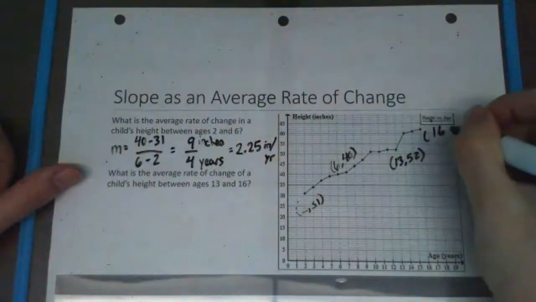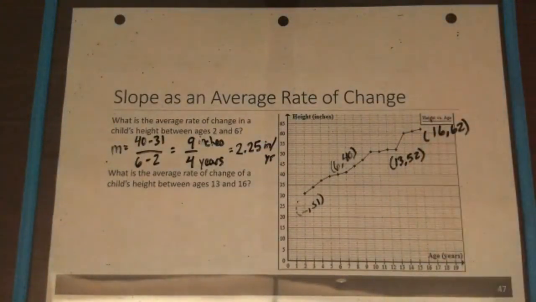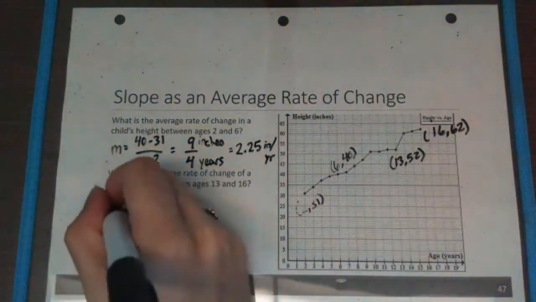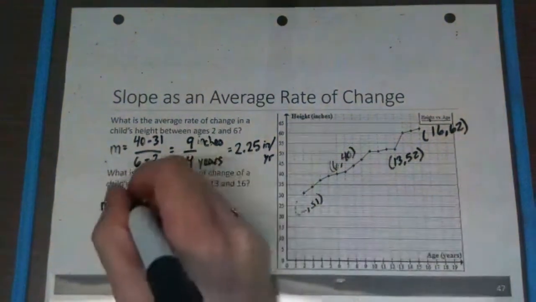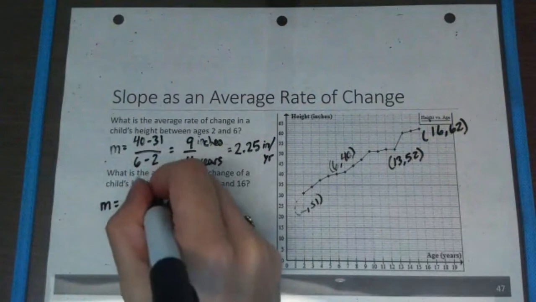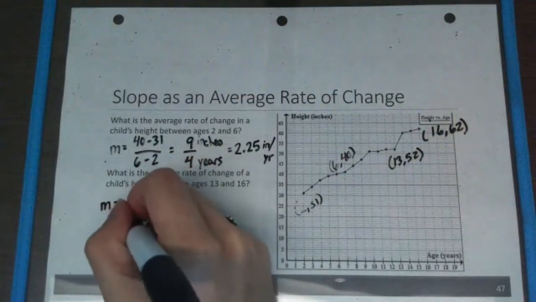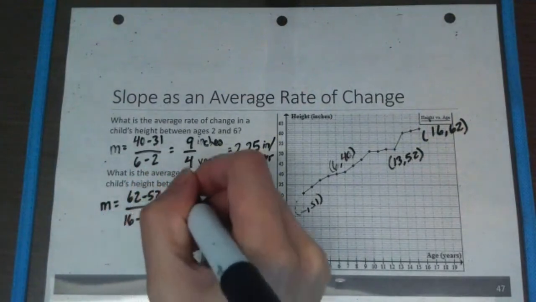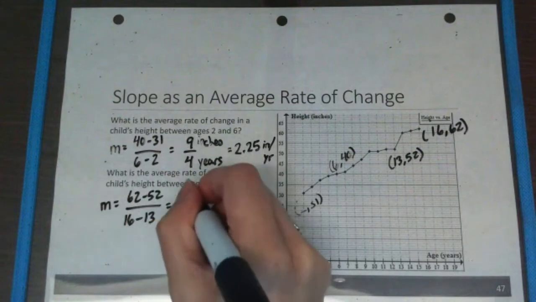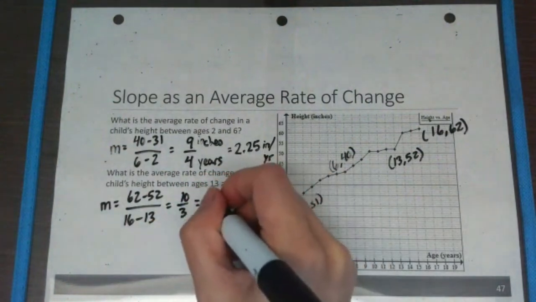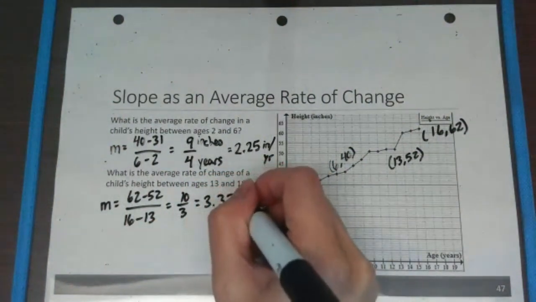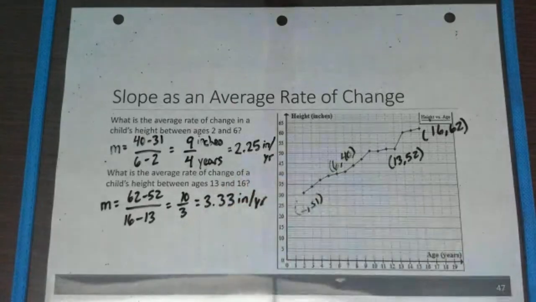And at age 16, the height appears to be 62. So the average rate of change, or our slope, will be 62 minus 52 over 16 minus 13, or 10 divided by 3, which is roughly 3.33 inches per year.